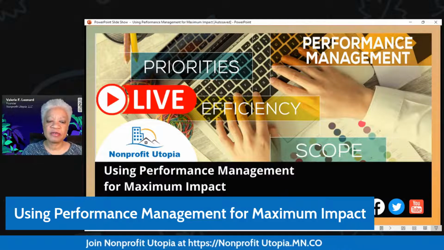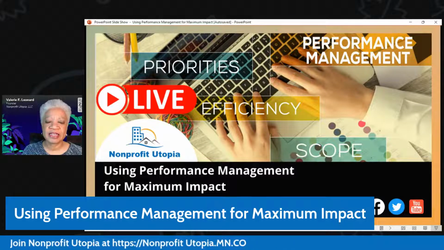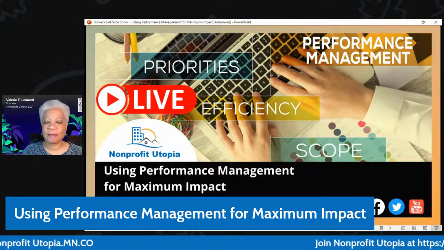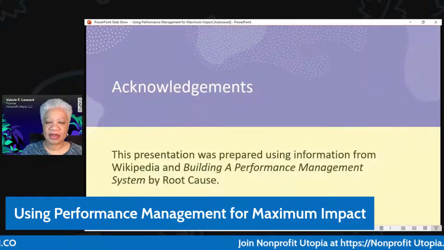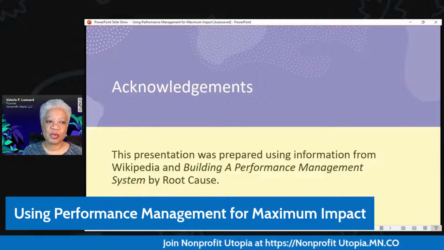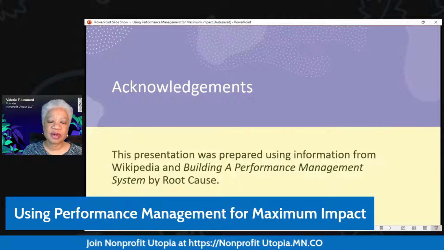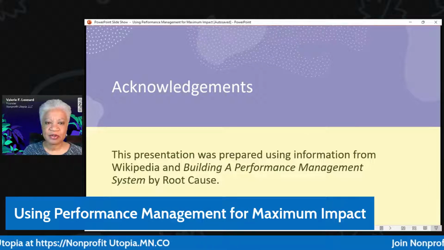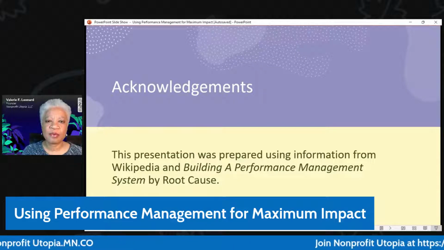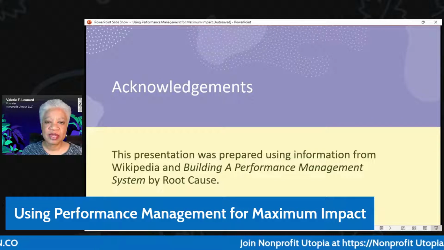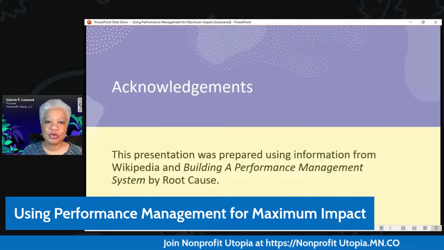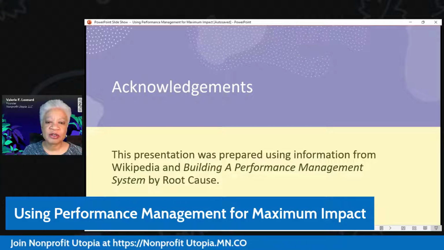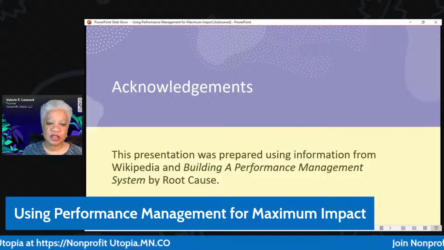So today we're going to be focusing on using performance management for maximum impact. You're probably familiar with evaluation, you're probably familiar with program logic models, but today we're going to be focusing on performance management. Before we go any further, I just want to acknowledge folks who have given me the material to present to you.